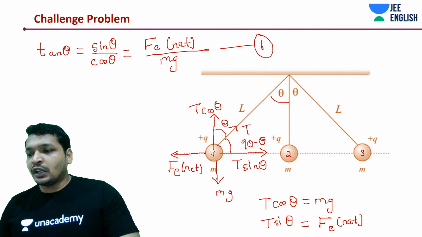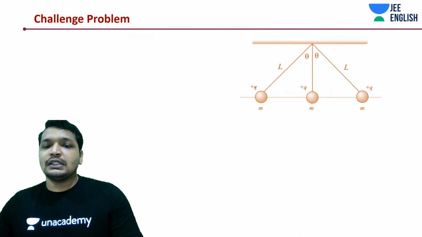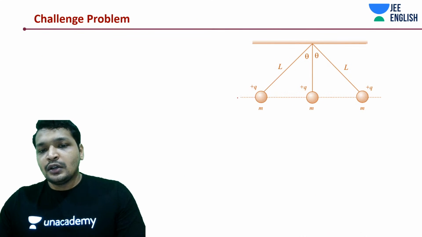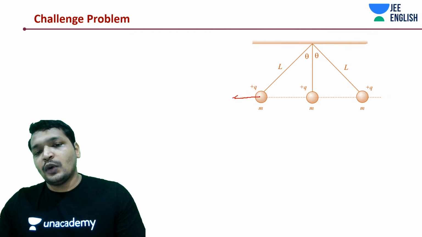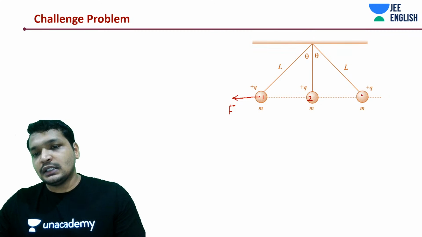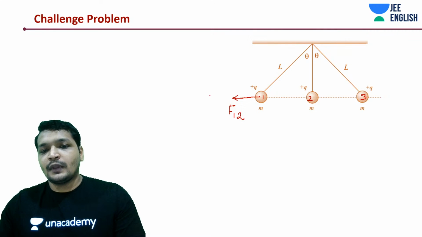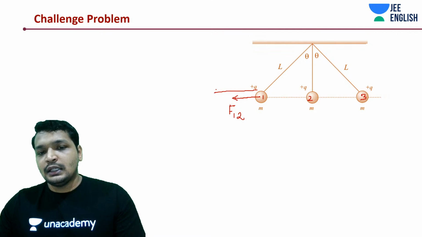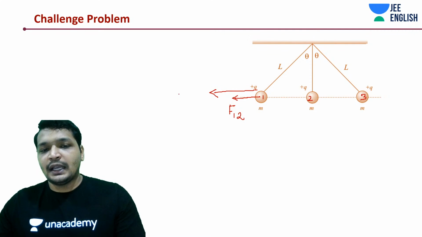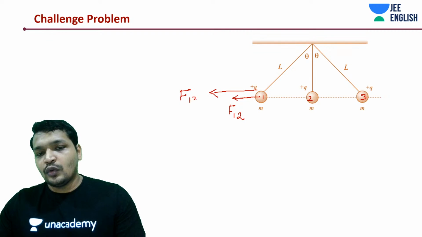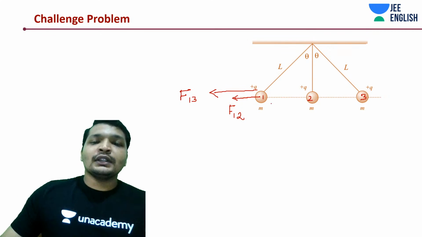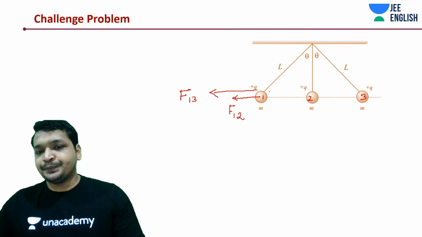Now, talking about electrostatic force on this object. Two electrostatic forces. One, I'm calling this as 1, this as 2, and this as 3. This is going to be F12, force applied by 2 on 1, and there is another one which is going to be F13. And now the thing is, what is the distance between them?